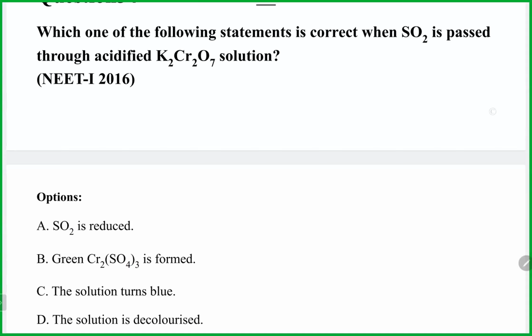Option B. Whenever it reacts with the SO2, it will convert into SO4 and decolorize. No, that was for KMnO₄, right?